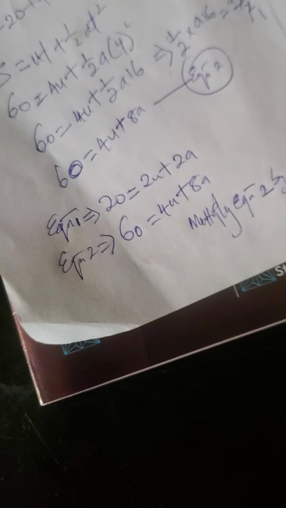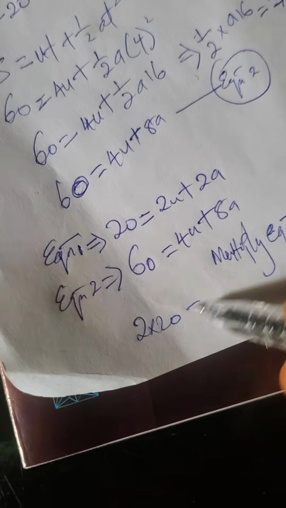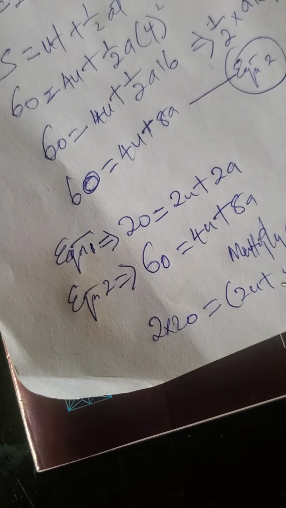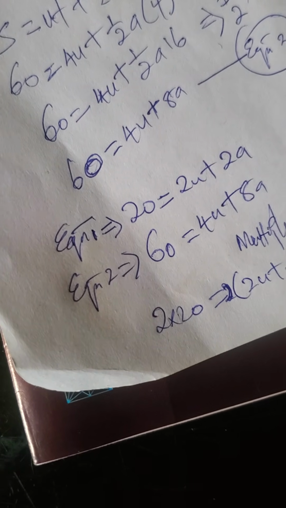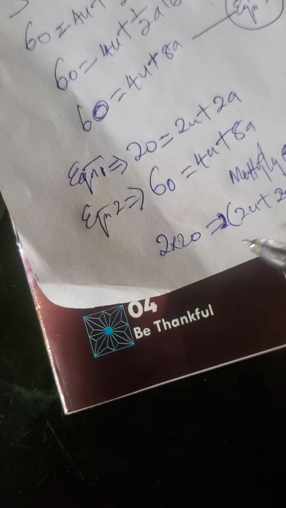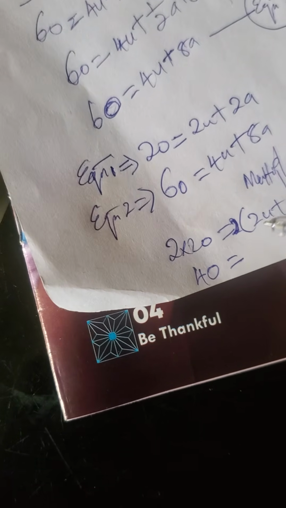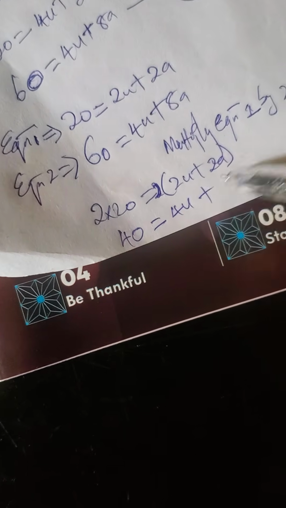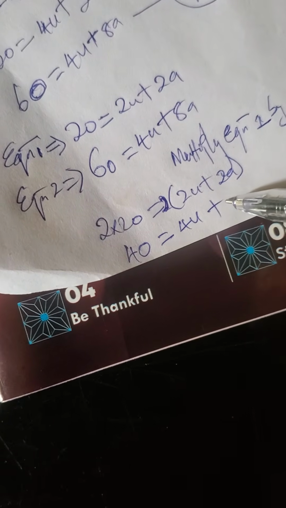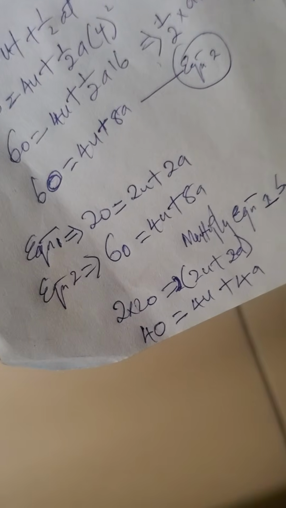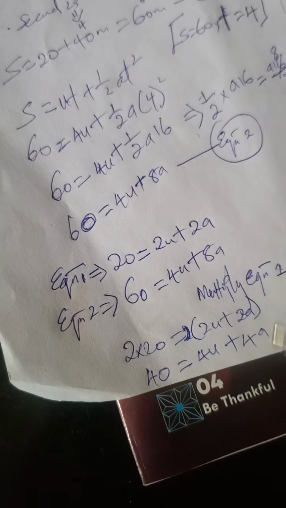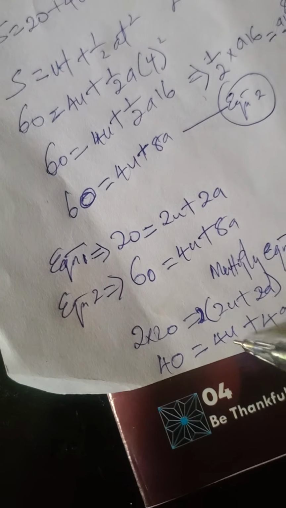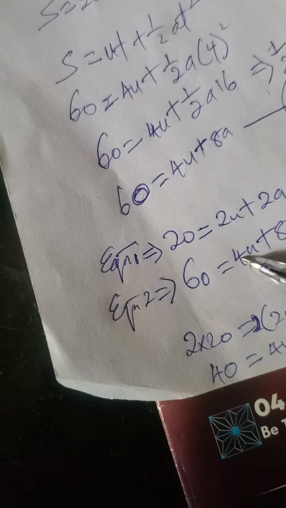So that will be 2 times 20 equals 2 times 2u plus 2 times 2a. 2 times 20 gives 40, 2 times 2u gives 4u, and 2 times 2a gives 4a. So after multiplying equation 1 by 2, you get this, so that the middle terms are the same: 4u in equation 1, 4u in equation 2.